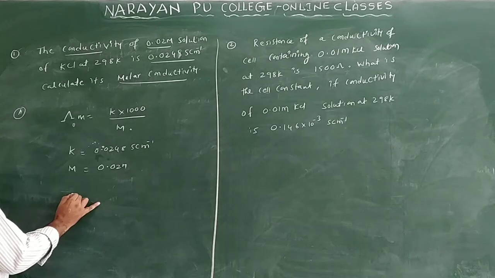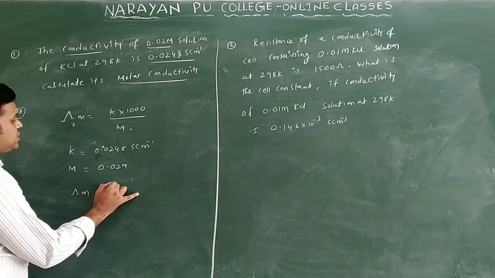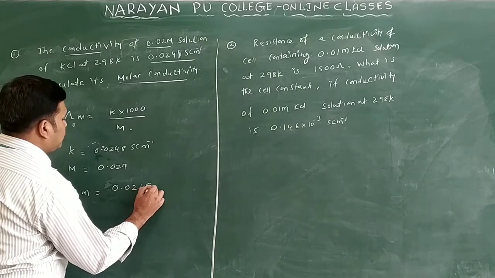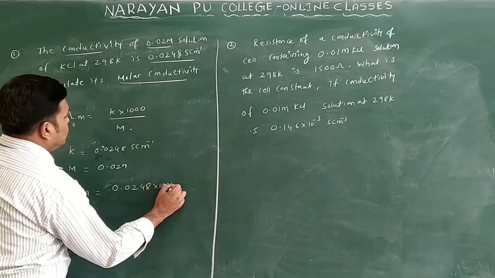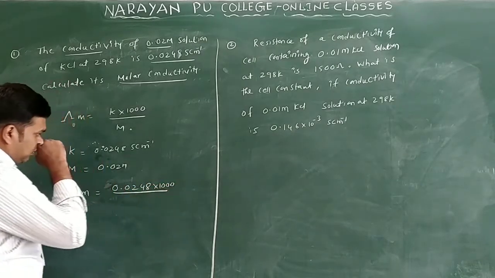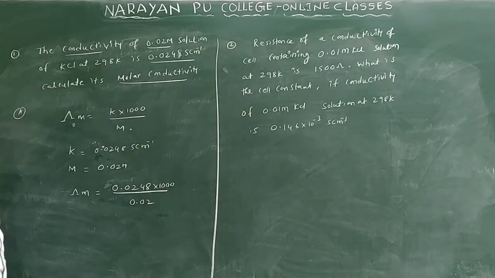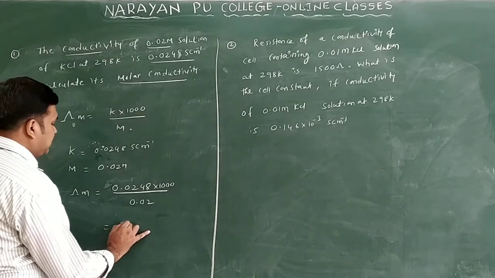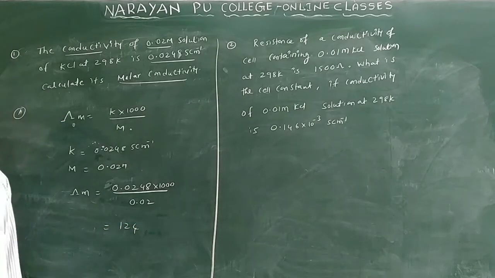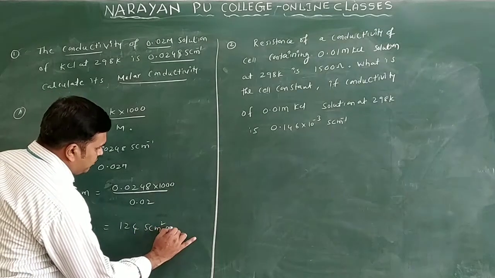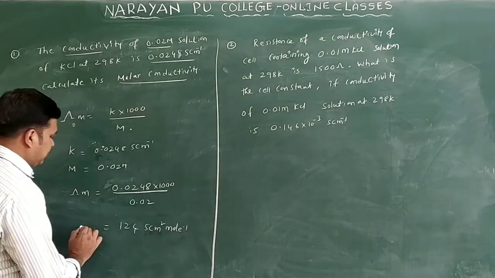Substitute the values here. So molar conductivity is equal to 0.0248 into 1000 by 0.02. If we do the calculation, you will get 124 Siemens centimeter square mole inverse.